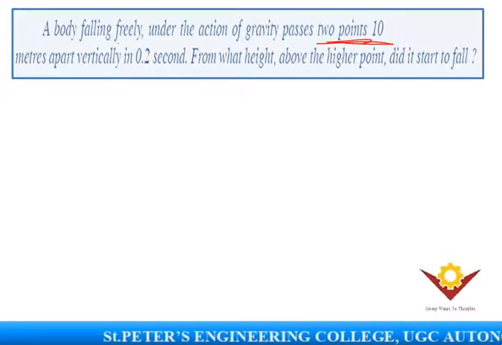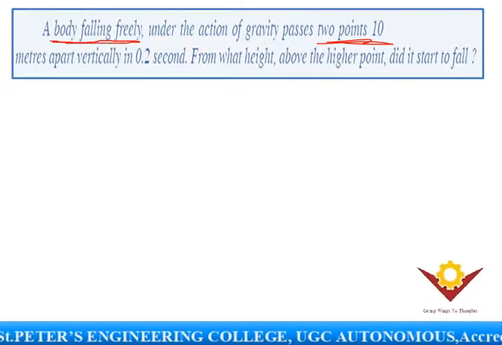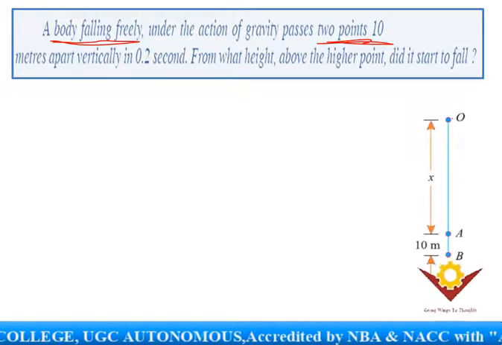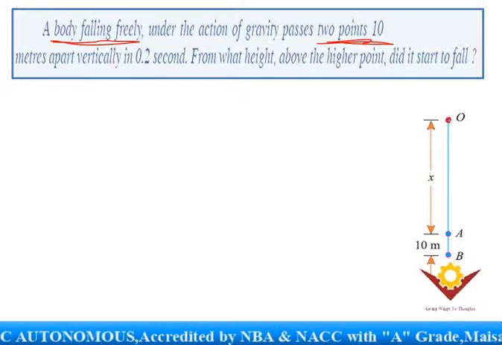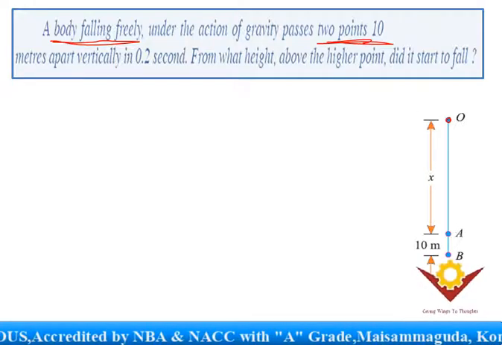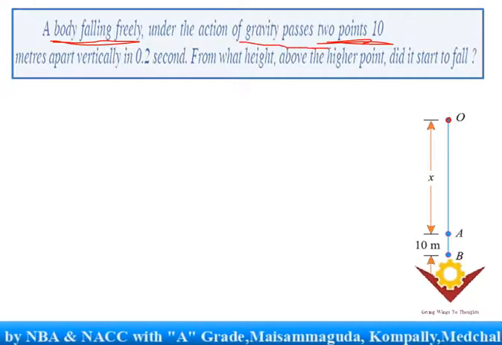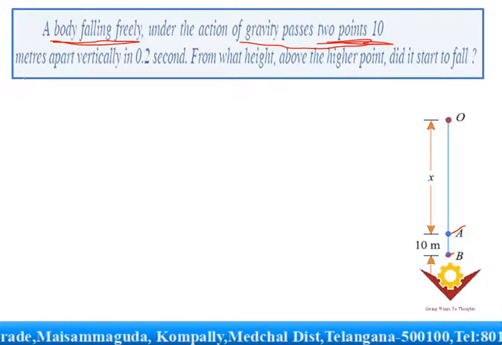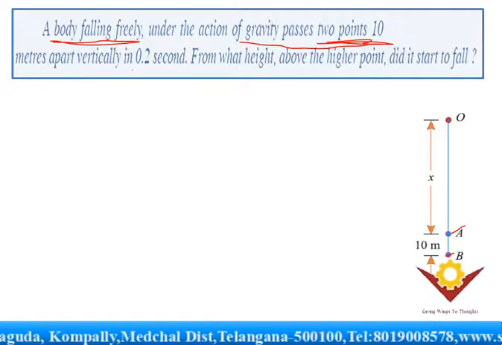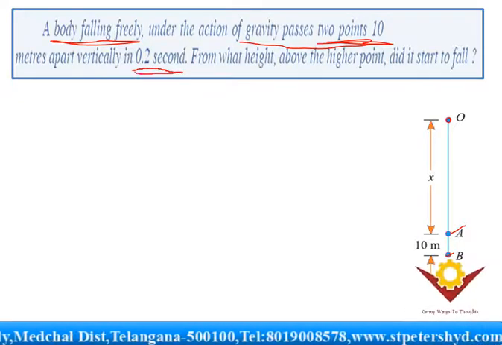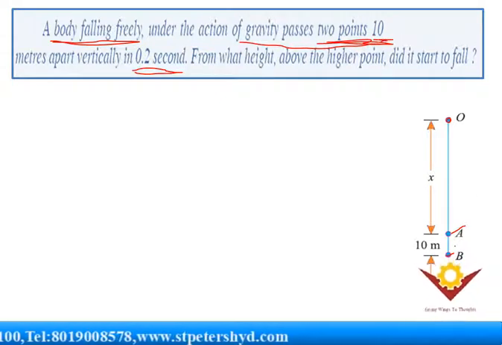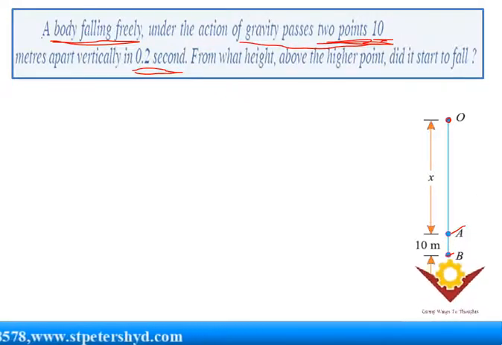The body is falling freely from a certain height, which is like point O. It passes these 2 points, A and B, 10 meters apart vertically, in 0.2 seconds. So the given data is the distance between the 2 points, 10 meters, and the time it took, 0.2 seconds.